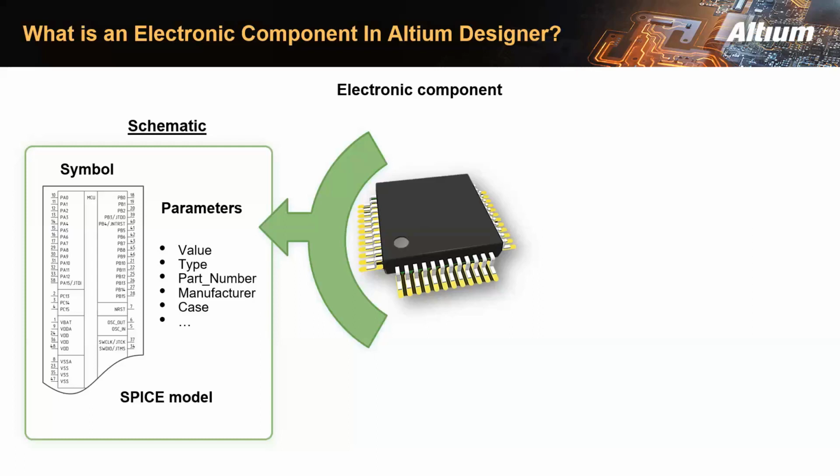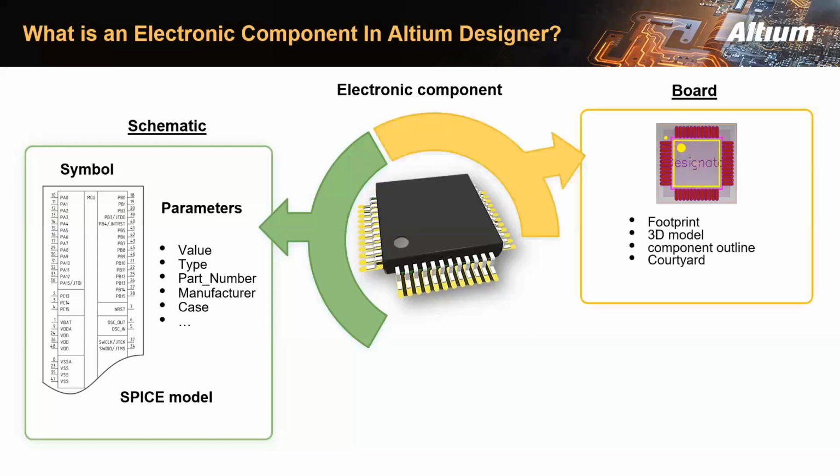In addition, the component has parameters such as value, accuracy, package type, etc. During simulation, the corresponding models are used to model the behavior of the component for detailed analysis. Once the components are forwarded to physical design, they are represented as PCB footprints. The footprint may also contain additional graphics in mechanical layers, a 3D visual aspect, and more.